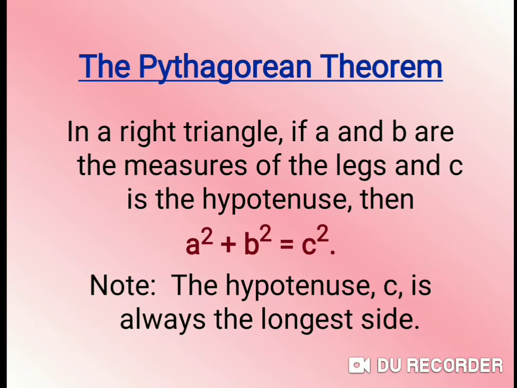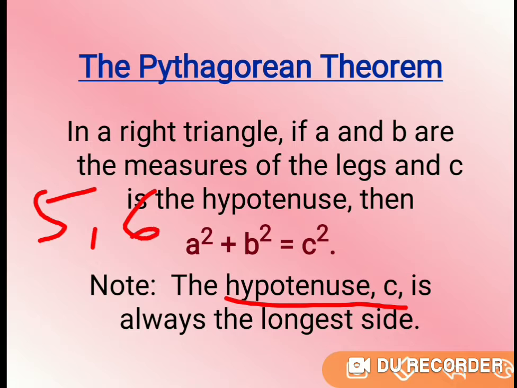Here you should always note that the hypotenuse C is always the longest side of the triangle. Suppose I tell you that the sides of a triangle are 5, 6 and 8 centimeters.